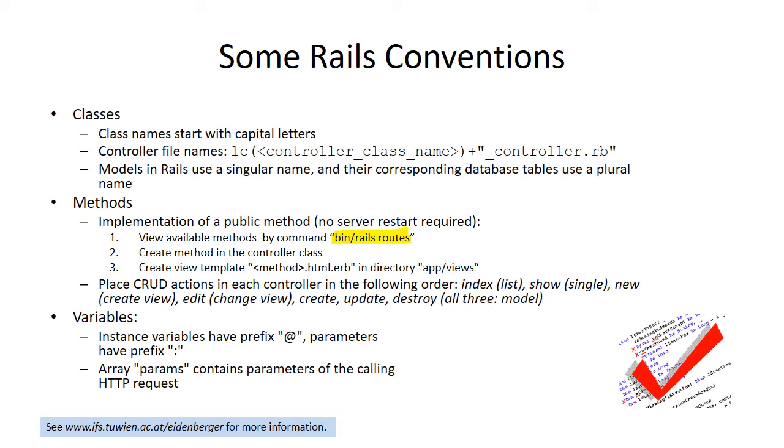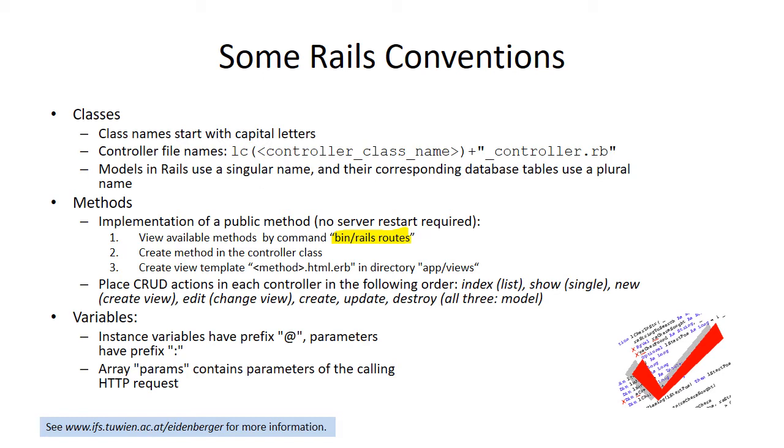If by coincidence or by the complexity of your requirements you have to add a new function that is not yet there, then you also have to edit the roots RB file and create this new link between front-end asset and back-end controller. Okay.